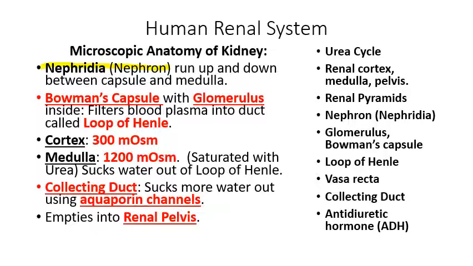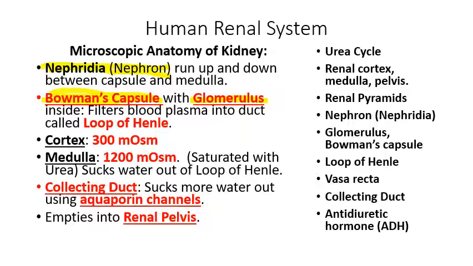And at each nephron, the arteriole will flow into a little bulb that's referred to as Bowman's capsule. Inside this little bulb, we have a little capillary called a glomerulus. The blood is filtered out of the glomerulus into Bowman's capsule, and then Bowman's capsule leads into a tube.